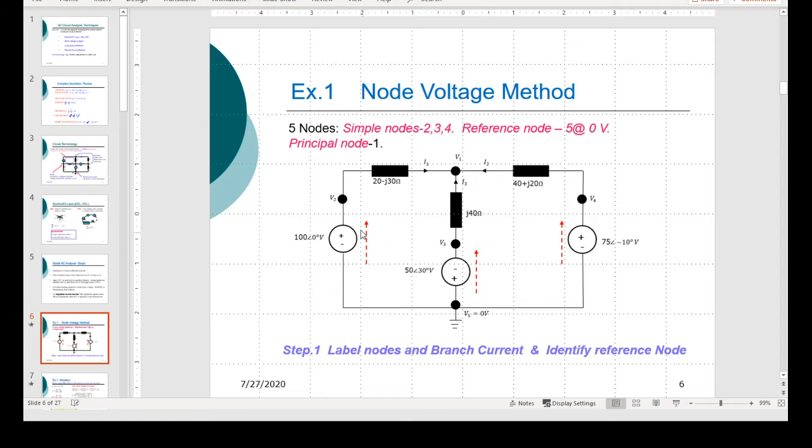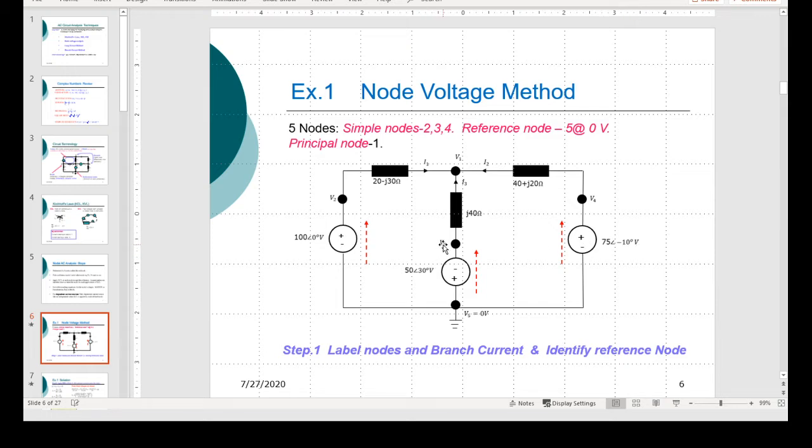Another important thing to note is that the voltage V2 is actually 100 volts. The node voltage V4 is 75 angle minus 10 volts.